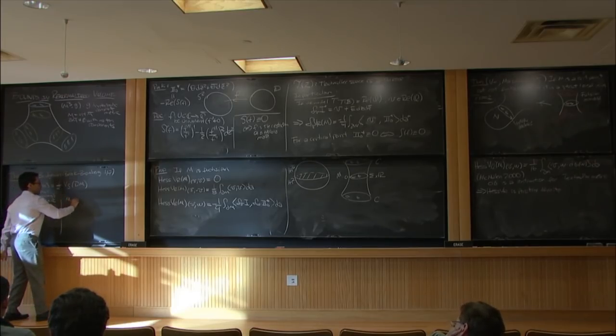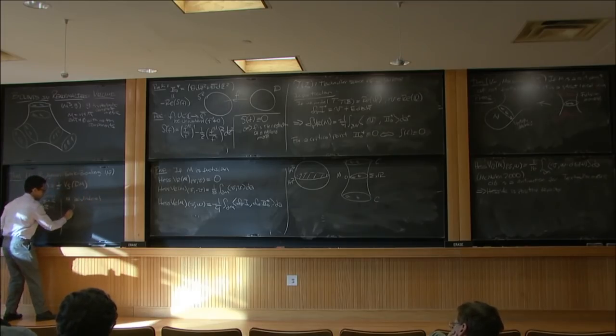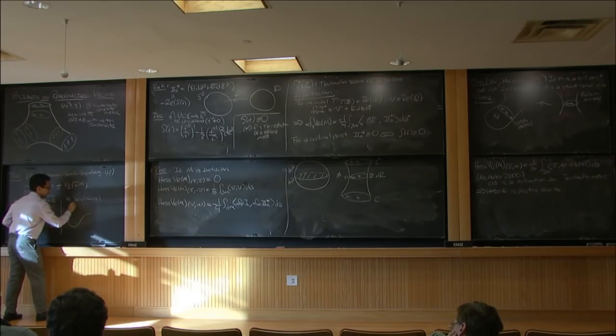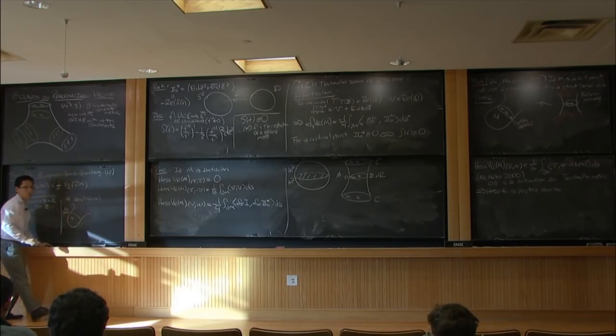For the other cases, when M is acylindrical, what happens for those? For those, remember, we have an exponential end, and here we have a manifold with a totally geodesic boundary.